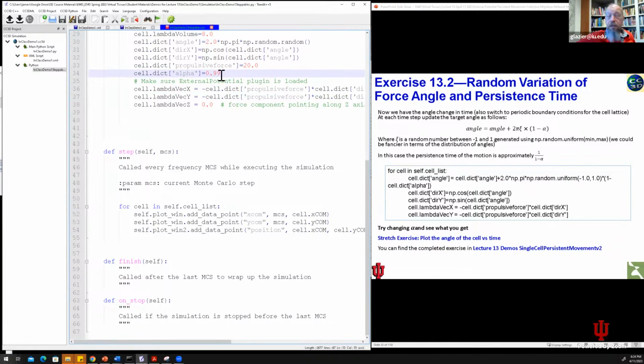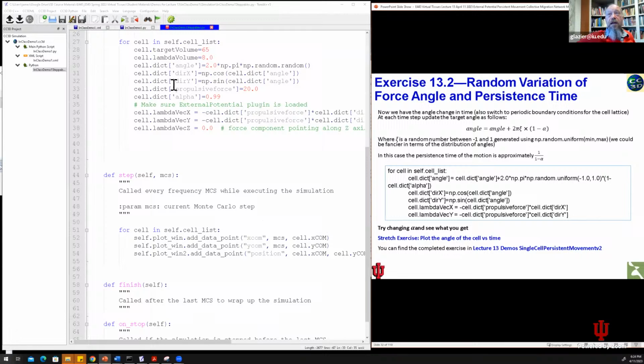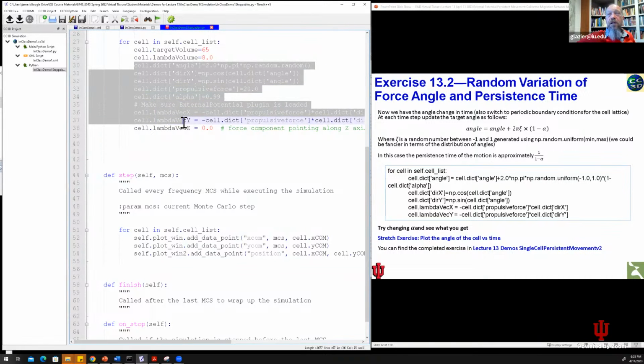I wouldn't change anything. And then once I have the angle, I have to recalculate the things I did at the beginning. I have to recalculate dir x and dir y, and then I have to redo lambda vec x and lambda vec y. You can literally cut and paste all of the code from lines 30 down to 37.